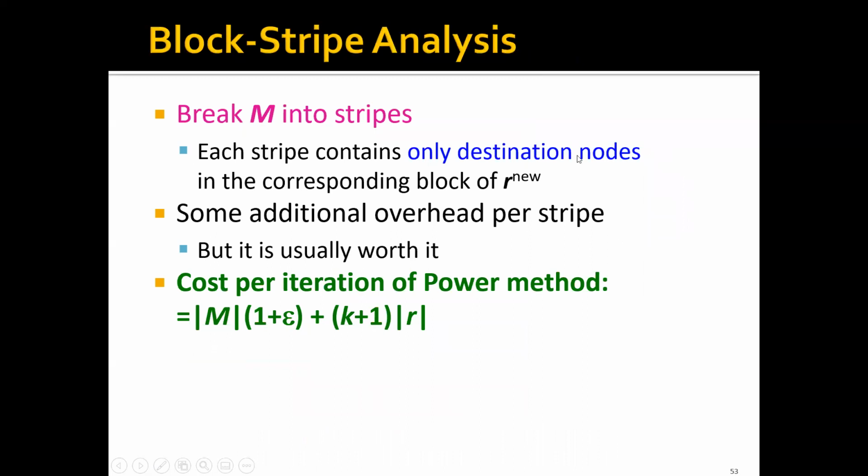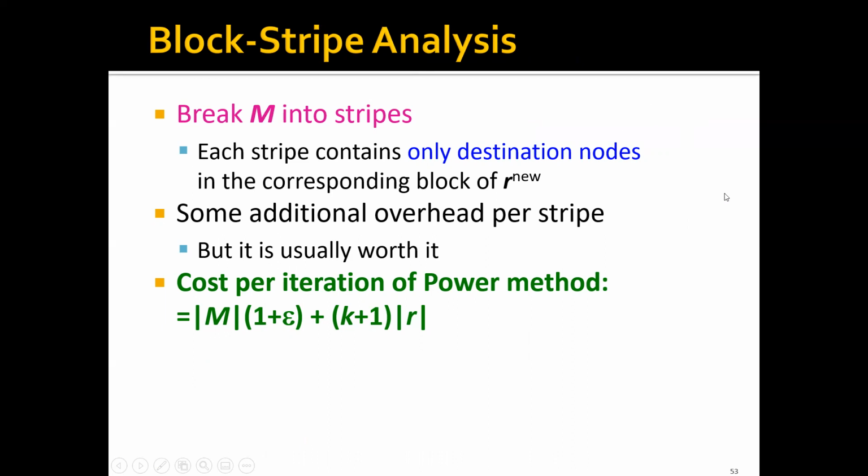To summarize, in this block-stripe approach, we break this large matrix M into stripes, and each stripe contains only the destination nodes in the corresponding block of RNew. So if we break RNew into K blocks, we will also break M into K stripes.